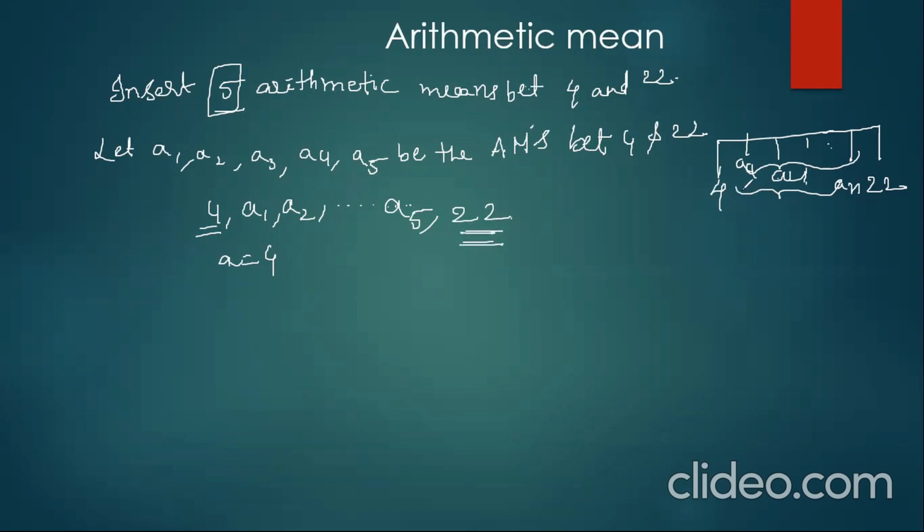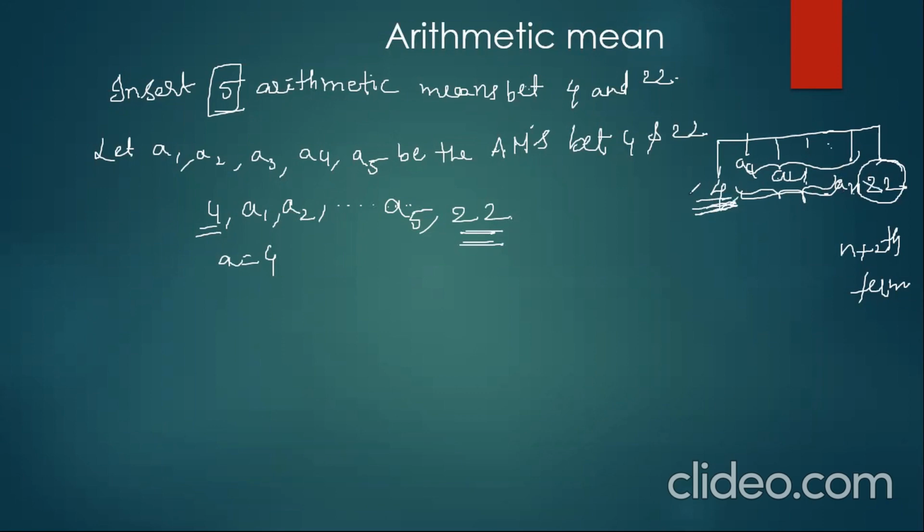If you insert n arithmetic means, the last term should be the n plus 2th term. Why? Because you are writing the first term also, not only these terms.